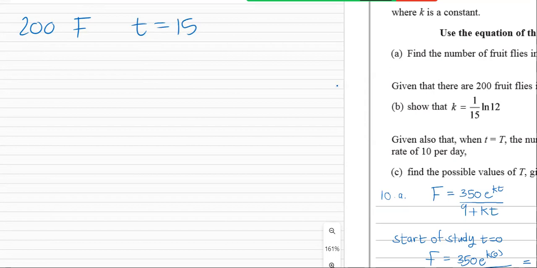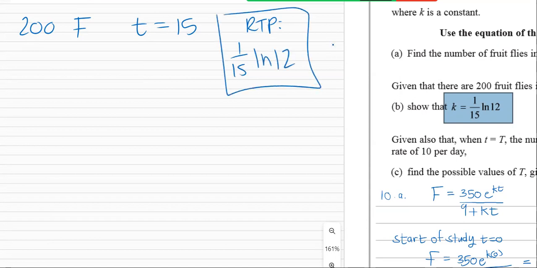And you are required to prove that K equals this. So I write this down when I'm teaching. We want to make it look like this. Okay, this is what K should look like. That's what we're going for.